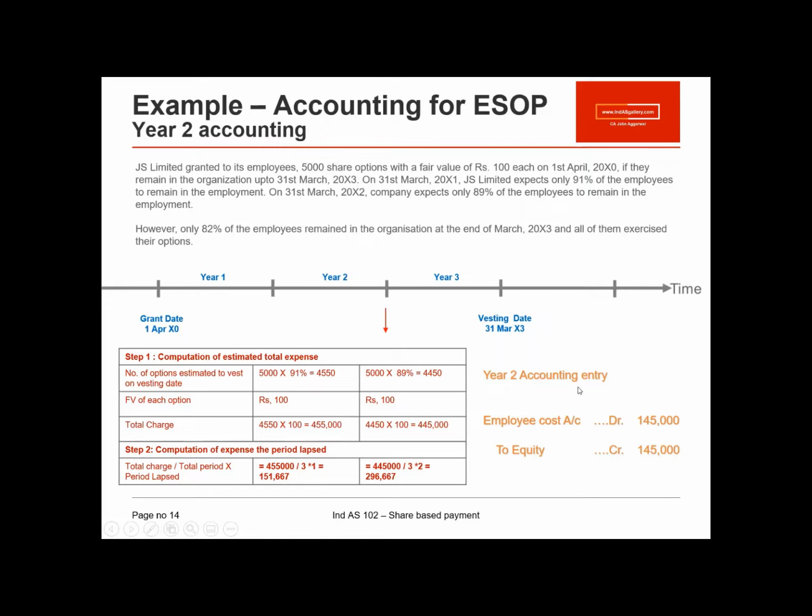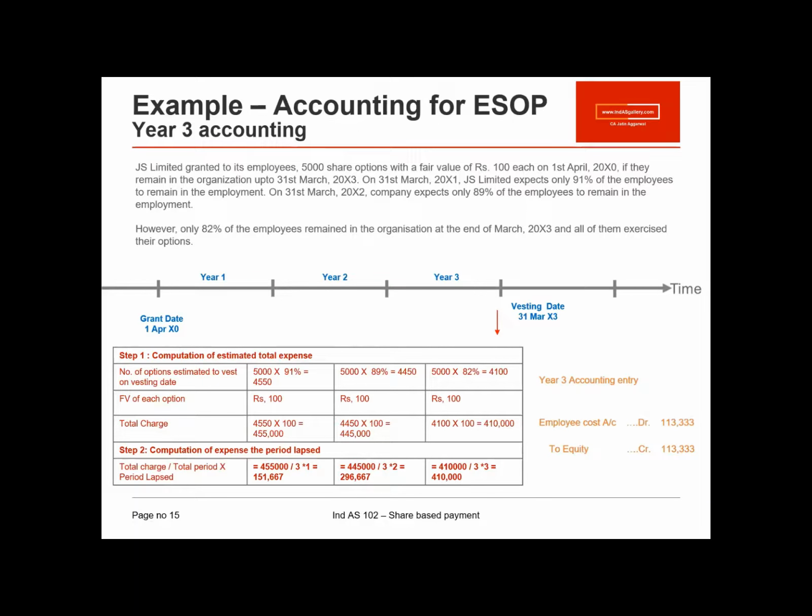My year 2 accounting entry will be employee expense account debited 145,000 to equity reserve, which is 145,000. Again, how have we arrived at this 145,000? It is 296,667 minus 151,667.